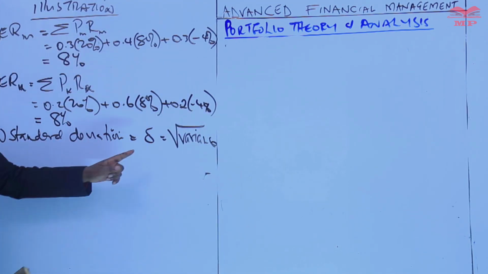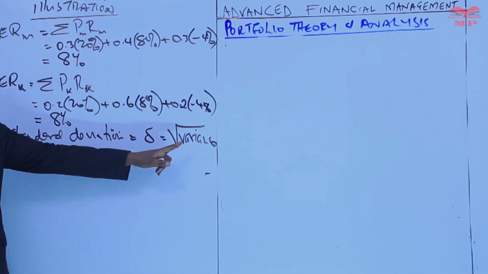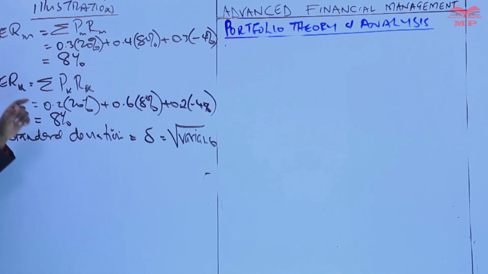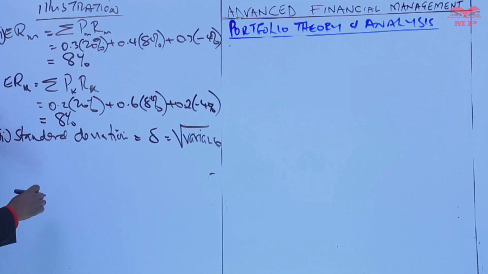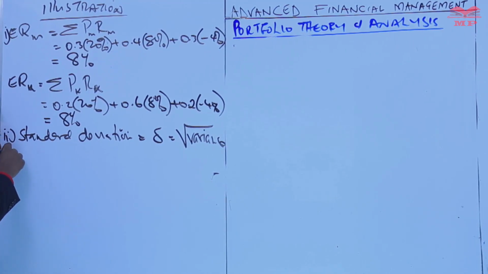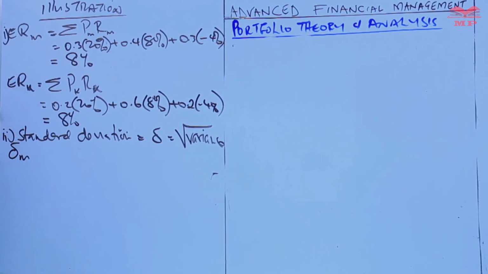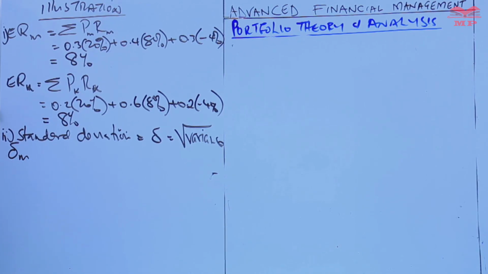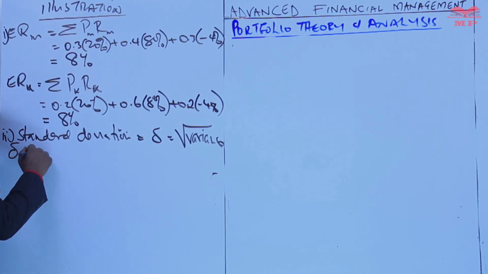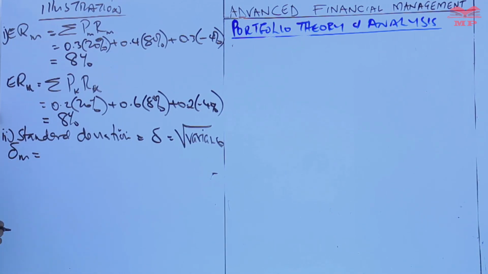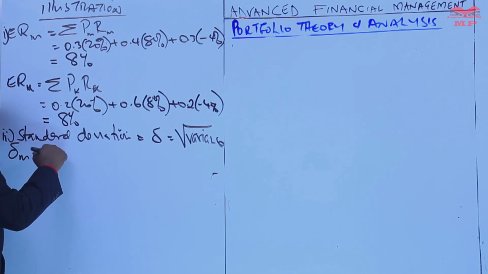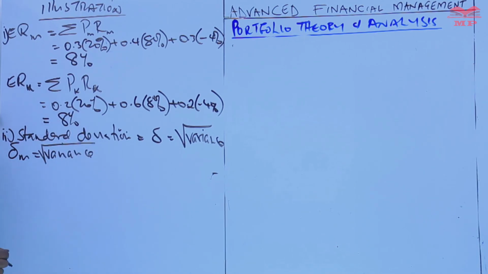So to calculate the standard deviation, we first calculate the variance, then we get the square root of the variance. That will give us the standard deviation of security M. We begin with the standard deviation for security M. So the standard deviation of security M will be equal to the square root of the variance of security M. So we're going to have the variance, then we get the square root of that variance.